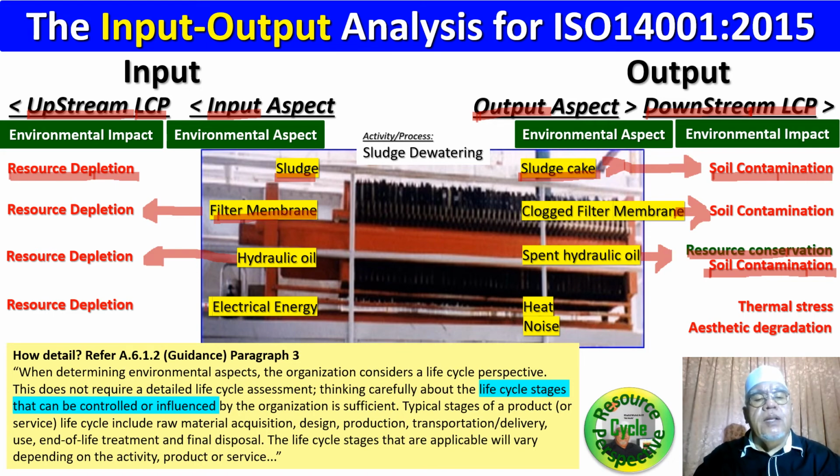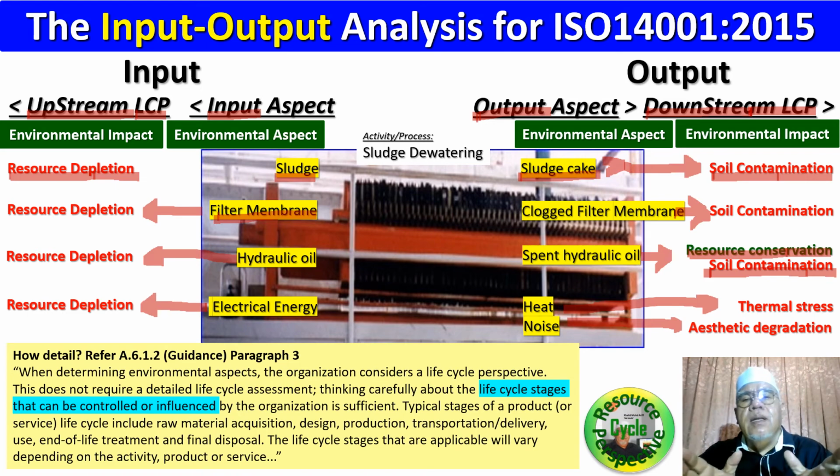And electrical energy from fossil fuel, we're talking about diesel or coal stones. And of course, the environmental impact over prolonged use of this equipment is that some amount of heat is released, and it can be felt over there, and also some noise perhaps over some time, and it may cause some aesthetic degradation.